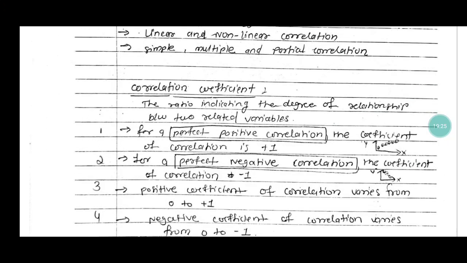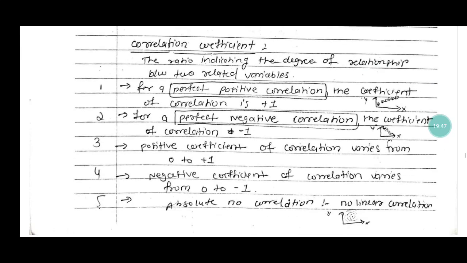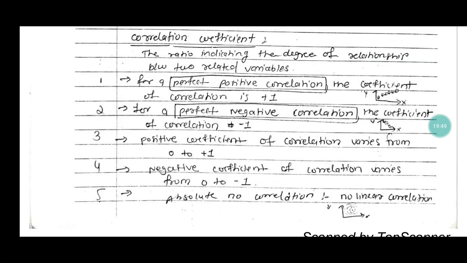The correlation coefficient is the ratio indicating the degree of relationship between two related variables. For perfect positive correlation the coefficient is +1, and for perfect negative correlation it is -1. The positive coefficient of correlation varies from 0 to +1 and the negative from 0 to -1, and absolute zero means no linear correlation.